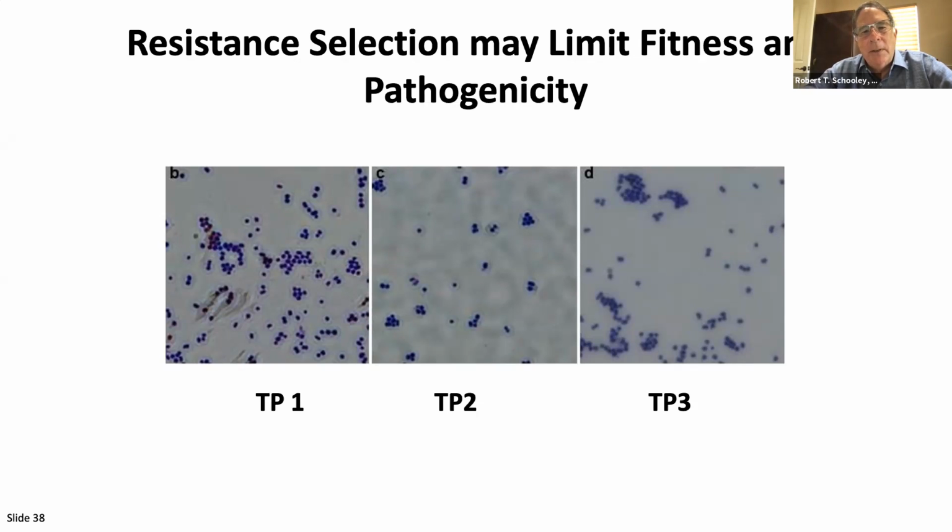And so we now had less fit bacteria because the cell wall was gone, but they could still grow, that were resistant to the phages that were being used the first time around. These bacteria, when put into an assay in silkworms that is often used to look at bacterial invasiveness, were much less invasive than these. So the trade-off was actually to the host's benefit.